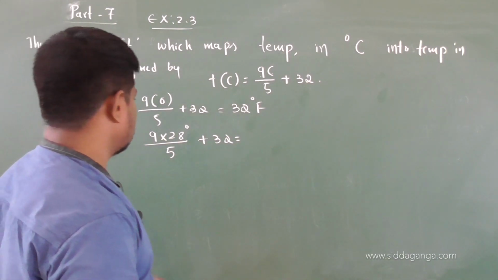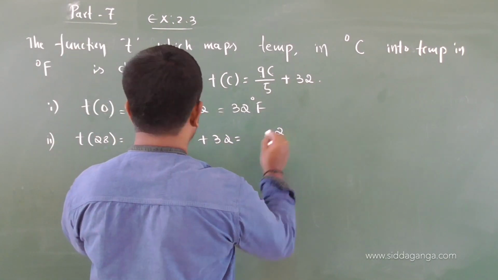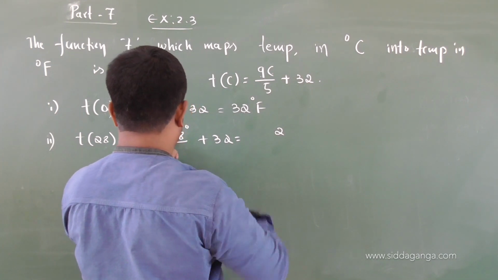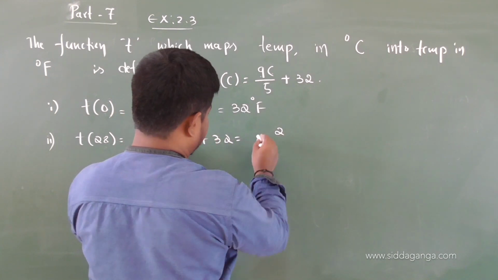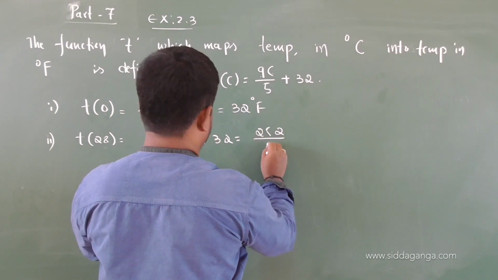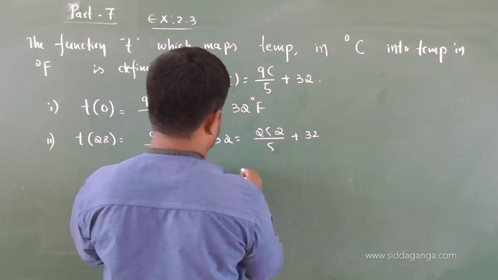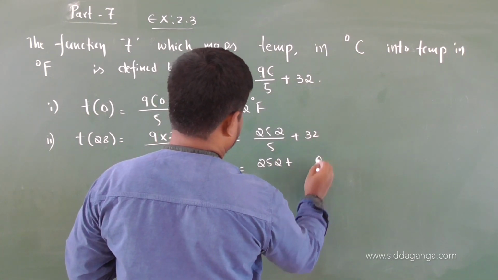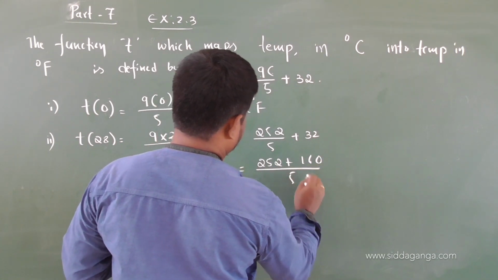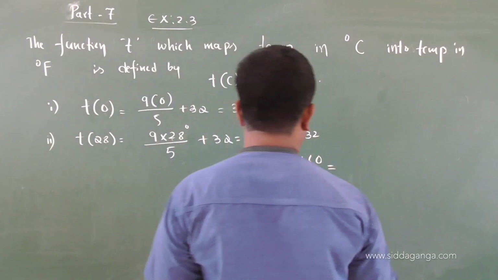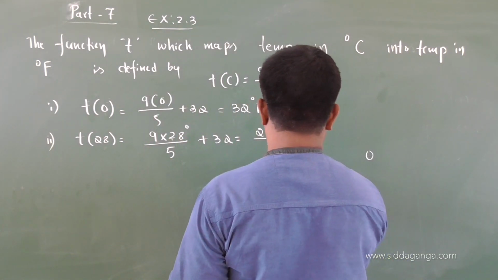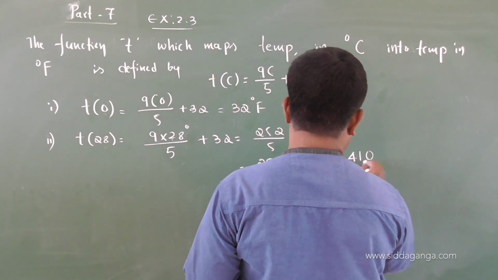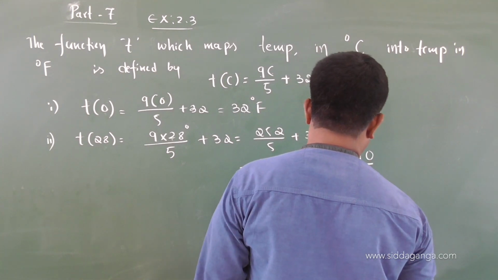How do you get it? So I think you may get 410 by 5, right?